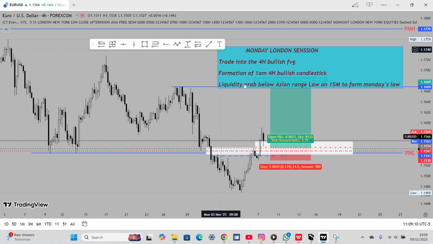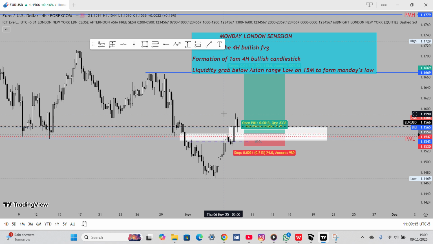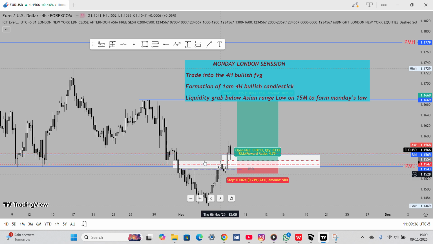But we can be patient for it. This is what I'm expecting to happen tomorrow during the London session, the 1 a.m. or midnight candlestick to form. I have to see this bullish order block respected, and I have to be targeting this level, which is a level of relatively equal highs.